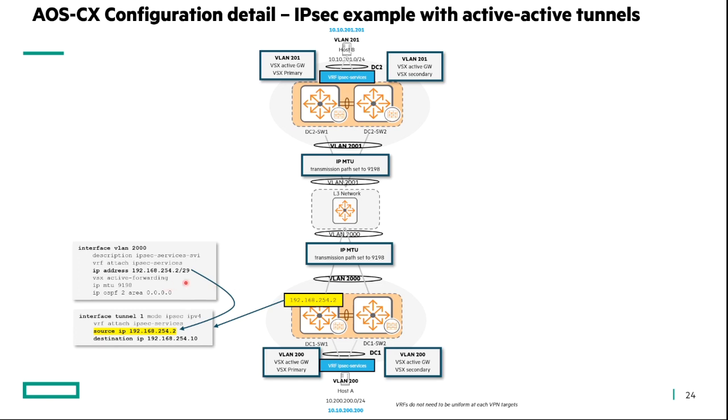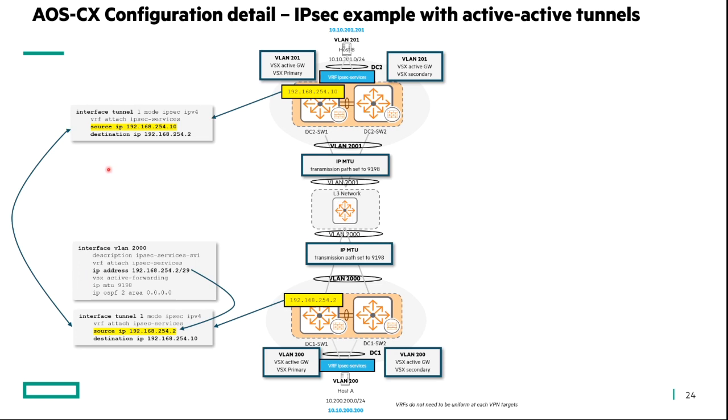Now that subnet needs to be large enough, as you can see I'm using a /29 to support active forwarding, and this VLAN has to be configured for active forwarding if you're using active tunnels. It cannot be active gateway, it has to be active forwarding. So that's how we derive the source IP tunnel address of 192.168.254.2 from that active forwarding VLAN 2000 for DC1 switch 1.